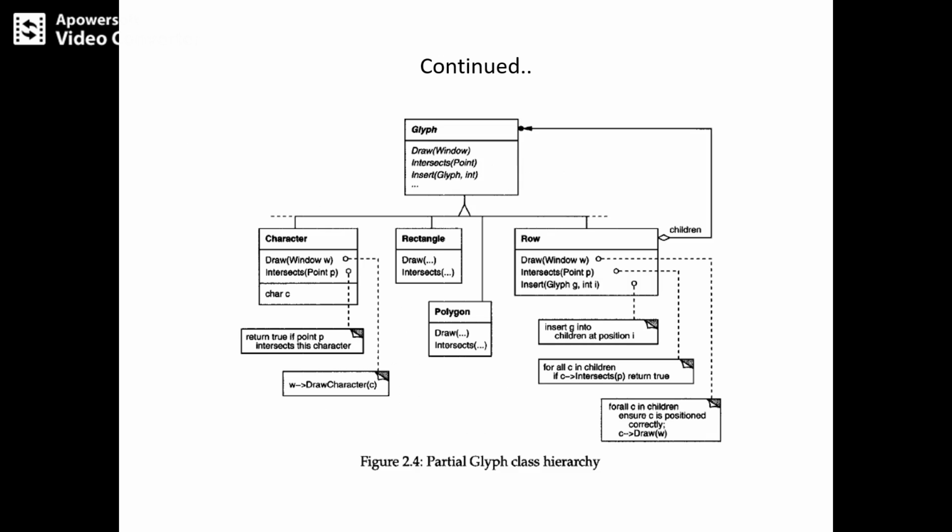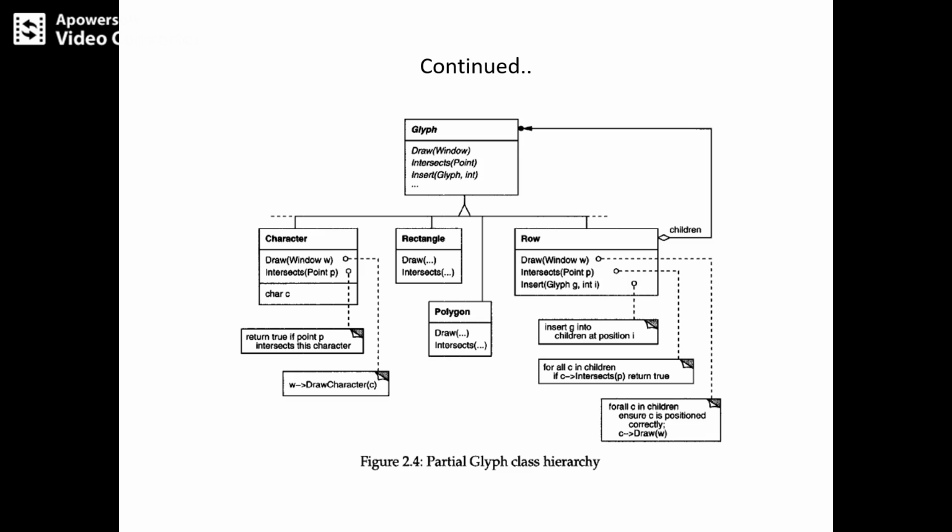So now we will discuss the entire partial glyph class hierarchy. We had this in our previous table, the complete glyph class hierarchical representation. So now, the major class is Glyph.